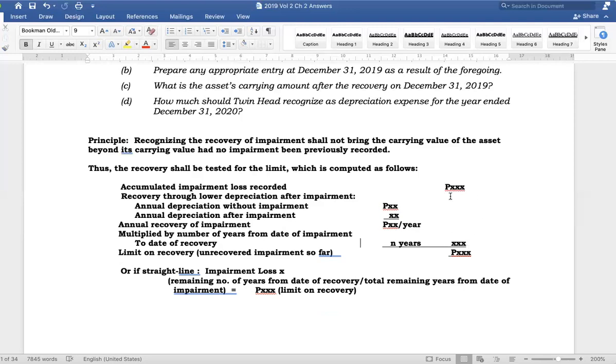This is the total impairment. This is the recovered impairment. So this is the original, this is what you have already recovered through lower depreciation, therefore this is what you have not yet recovered. Therefore, what you have not yet recovered is your limit on recovery. Limit means you are to take the lower figure between the increase in the value of the asset and this limit.